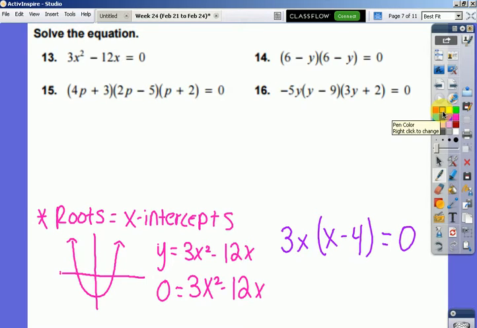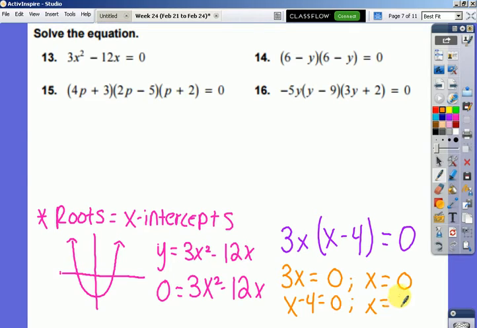And then what do I do with my zero product property? What does that say I can do to solve for those roots? Remember? Make each separate part of that product equal to 0. So 3x is equal to 0, x minus 4 is equal to 0. So x equals 0 and x equals 4.